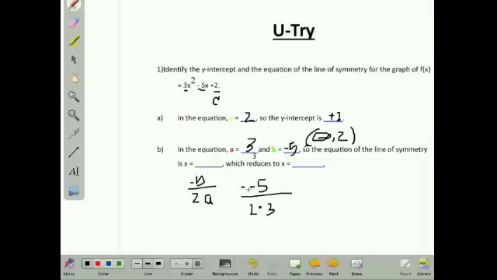So minus a negative 5 becomes a positive 5, and 2 times 3 is 6. Now that might seem odd, and we'll graph this in just a minute.